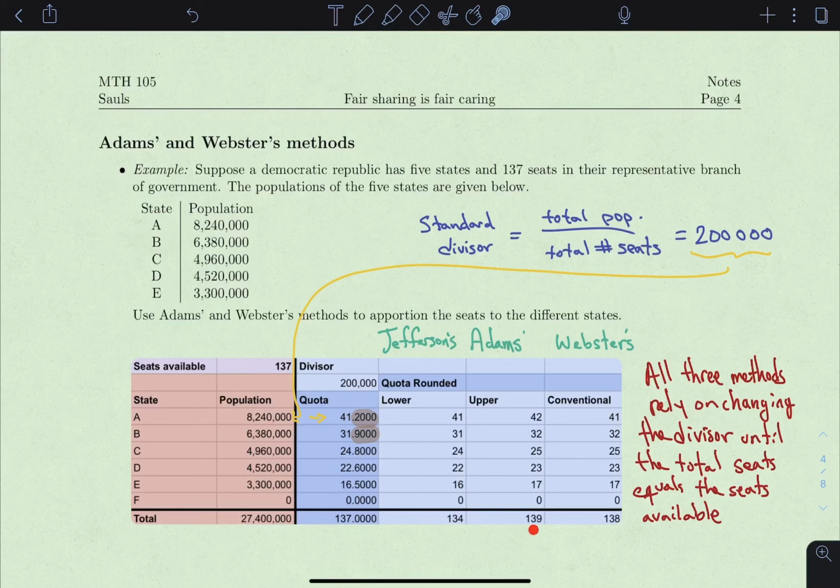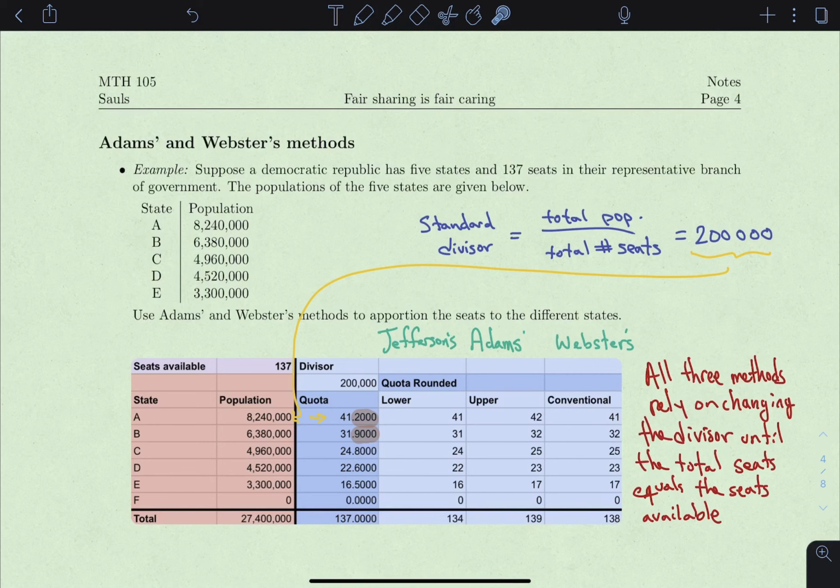This is like people, we need to reduce the number of seats. So that means that each representative is going to have to represent more people.